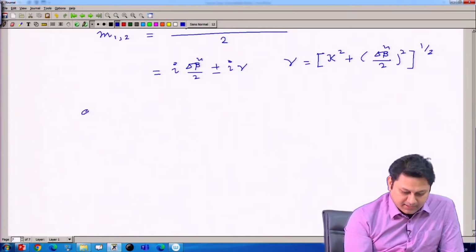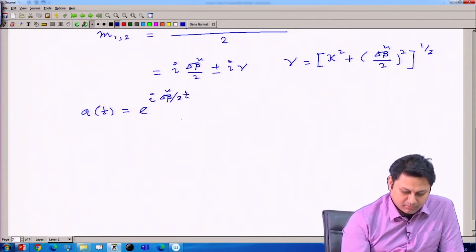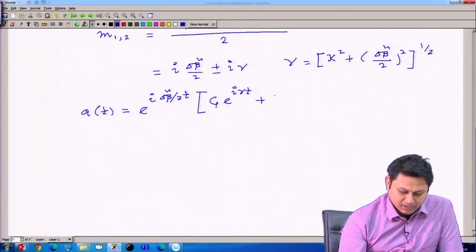So my A(z) will be simply e to the power of i delta beta tilde divided by 2 z, and then C1 e to the power of i gamma z plus C2 e to the power of minus i gamma z.